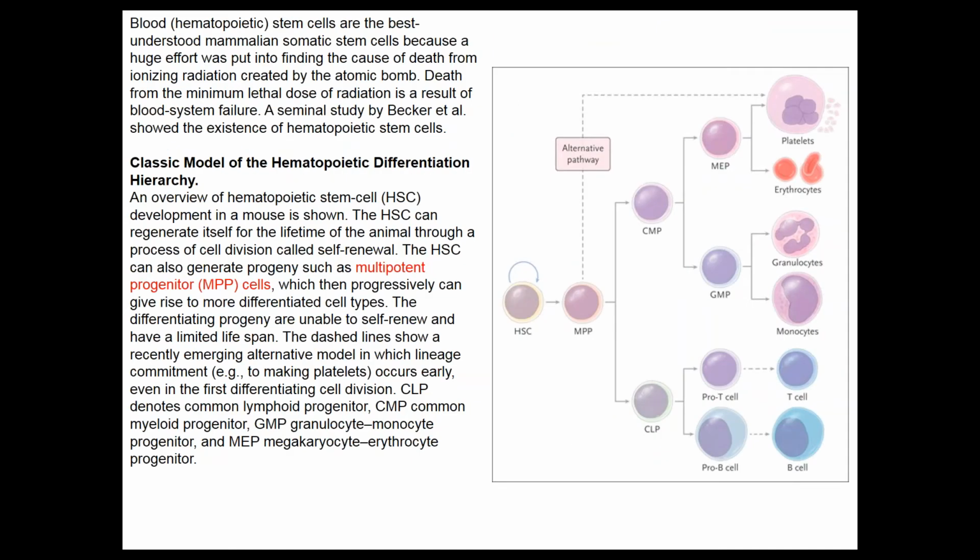And this was first worked out with hematopoietic cells, where there is a hematopoietic stem cell, perhaps not quite as potent as an embryonic stem cell that can make anything, but these hematopoietic stem cells can, in essence, become multipotent progenitor cells and then make every cell that your bone marrow is supposed to make, including platelets and erythrocytes and granulocytes and monocytes and T cells and B cells.